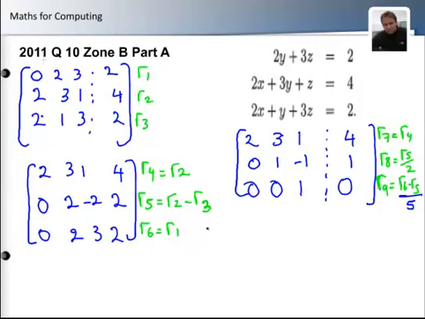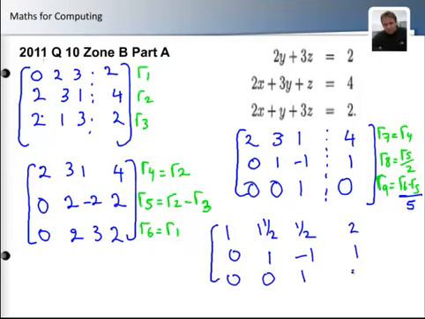Now I'm going to divide the top row by 2 in this last stage. So it's 1, 1.5, 1, and 2. 0, 1, minus 1, and 1. 0, 0, 1, 0. Okay.